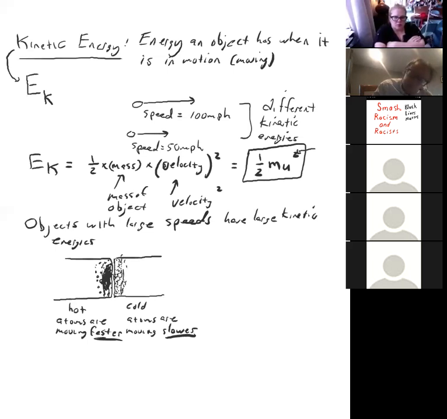The hotter ones will start moving slower because they're transferring energy to the colder atoms through these collisions. It's all about collisions. So now these ones are going to start moving faster. And these ones are going to start moving slower through countless collisions, trillions of collisions every second, okay? So that we call transfer of heat.